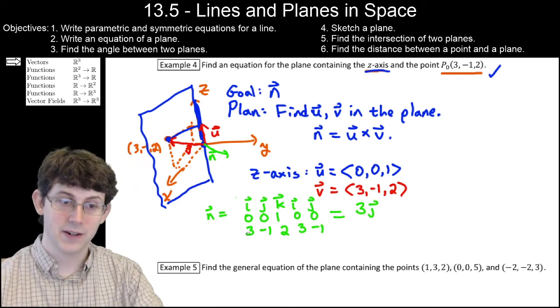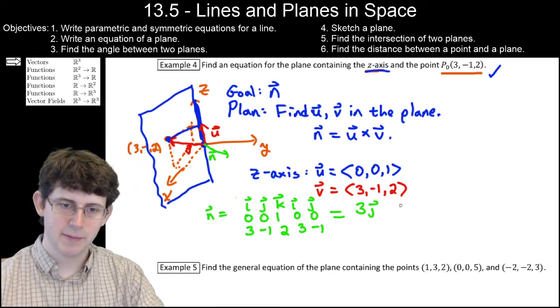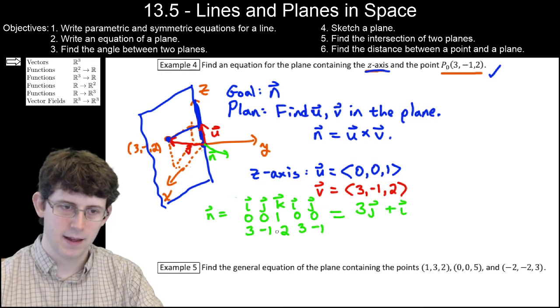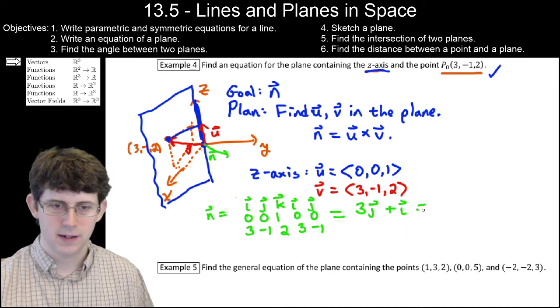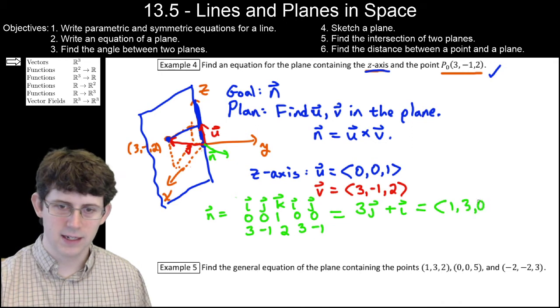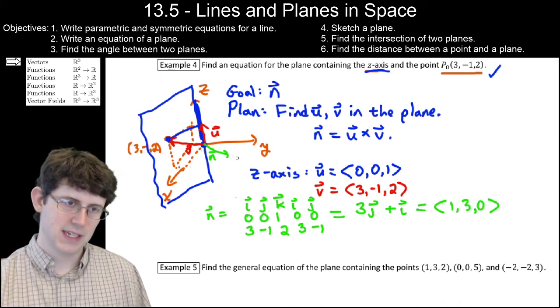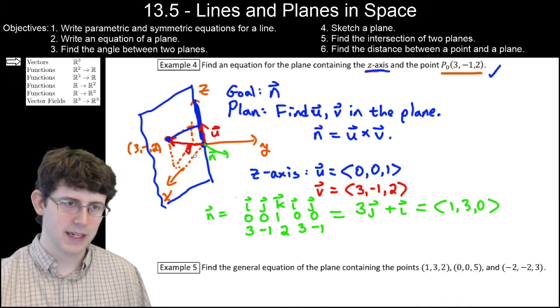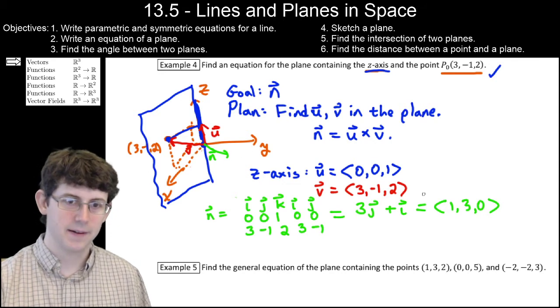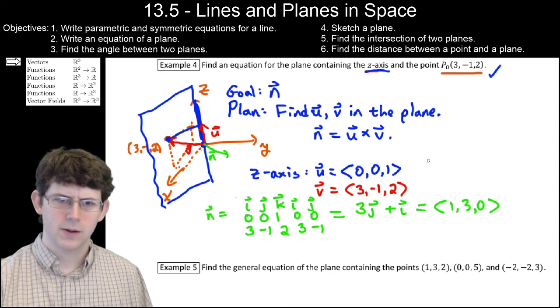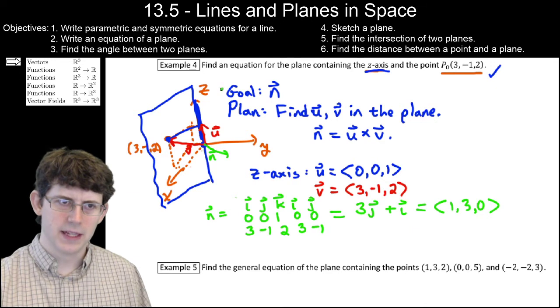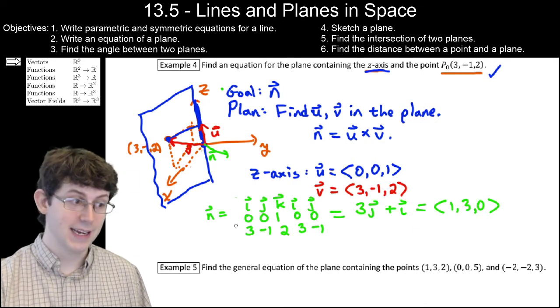When I do the backward directions, I get 0, minus i, and 0. So I get 1, 3, 0. Which seems like what I drew, actually. A little bit in the x direction and a lot in the y direction. So this was our goal, to find n.